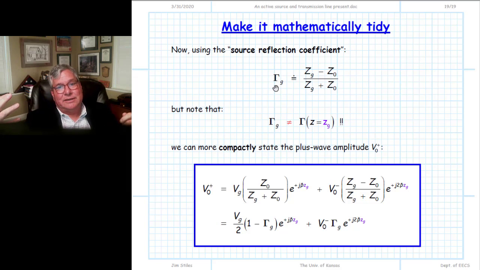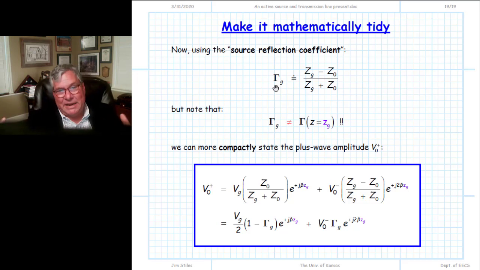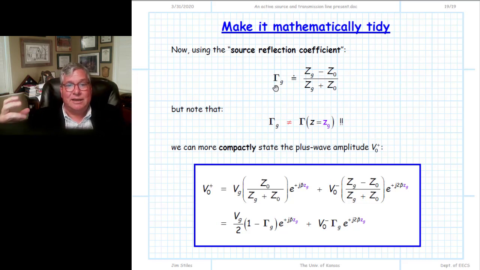Because the source does not consist only of a load, or only an impedance, ZG, I should say. It will also have an ideal voltage source there.